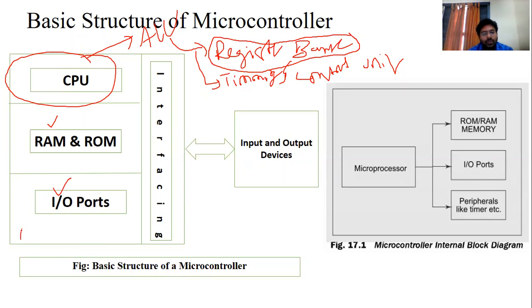Port 0 can also be called a register in the 8051 microcontroller. Similarly port 1, port 2 and port 3. For the 4 ports we have 4 registers, which we are assuming as 8-bit registers. Out of the 32 registers, these 4 registers are also counted.